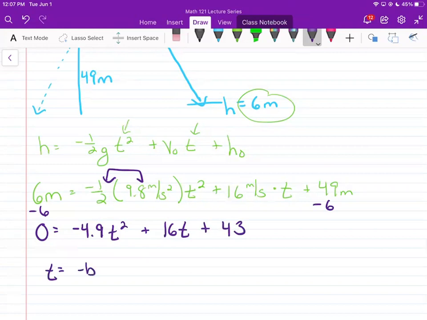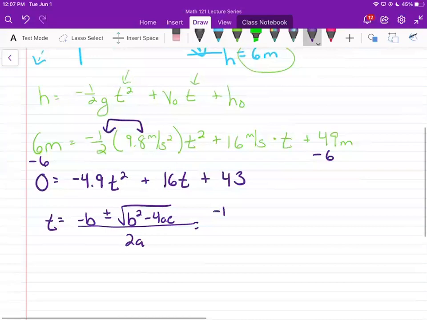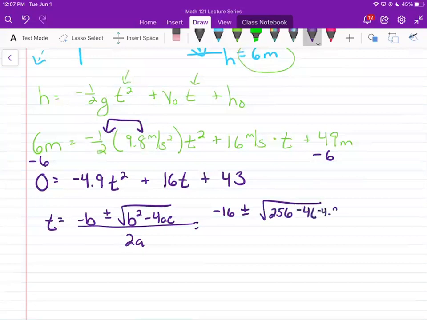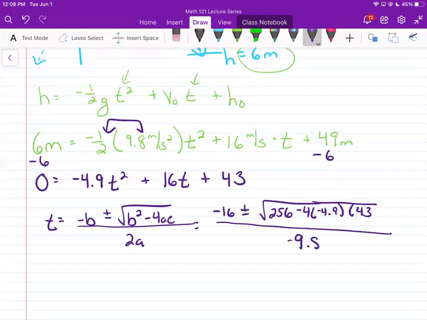T then is going to be negative b plus or minus the square root of b squared minus 4ac, all over 2a. Plugging in my values, I get negative 16 plus or minus the square root of 16 squared, which is 256, minus 4 times negative 4.9 times 43, all over negative 9.8.